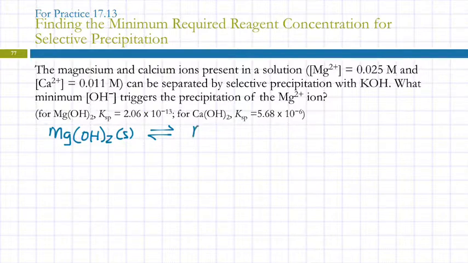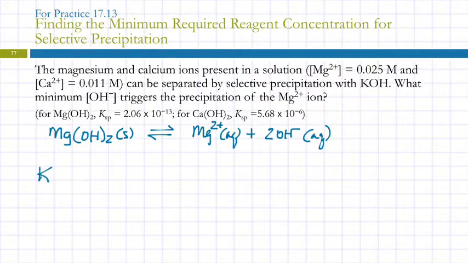So that's going to form magnesium ions and 2 hydroxide ions. So KSP is going to be equal to the magnesium ion concentration times the hydroxide ion concentration squared, right?